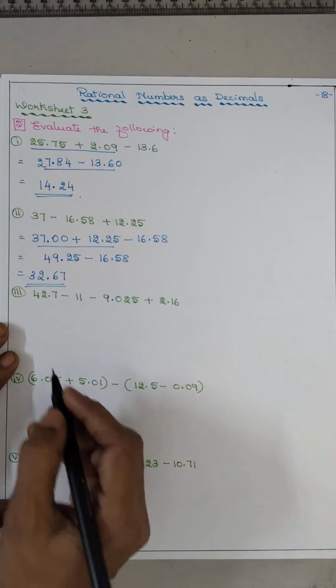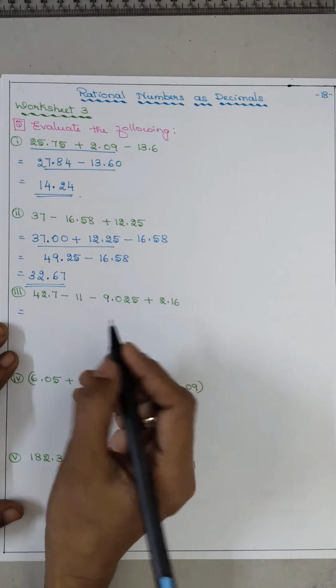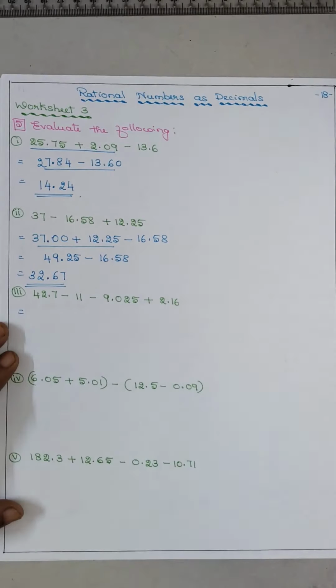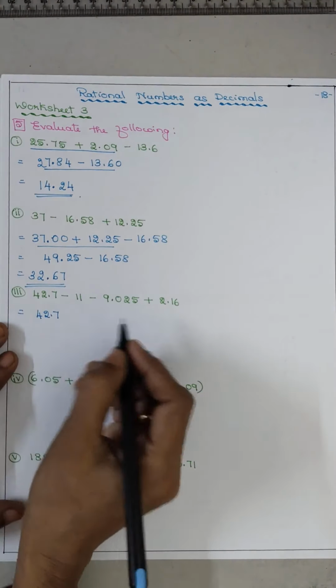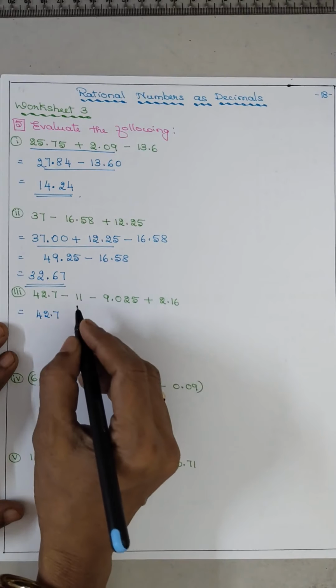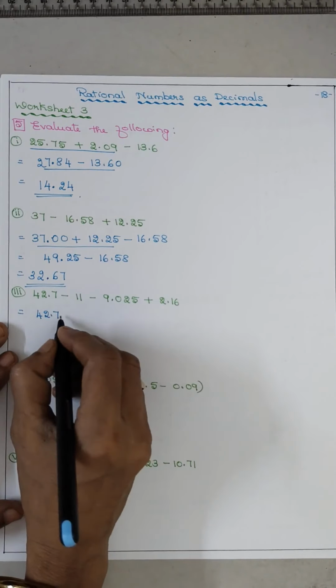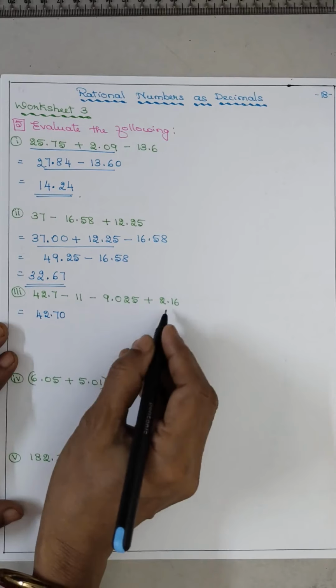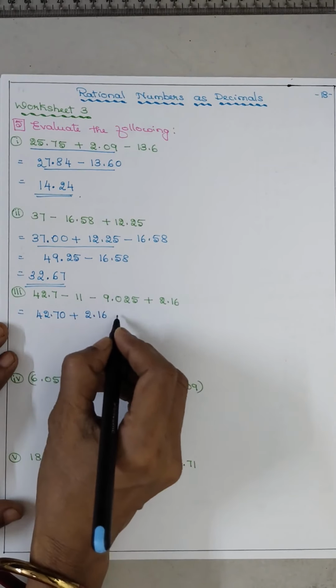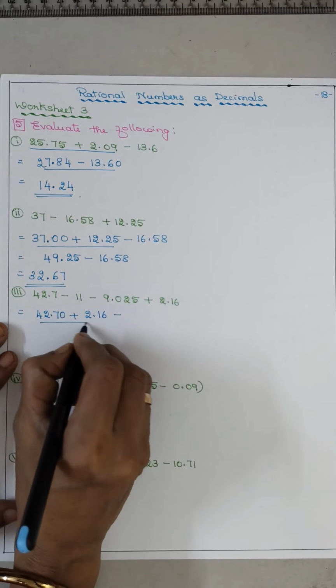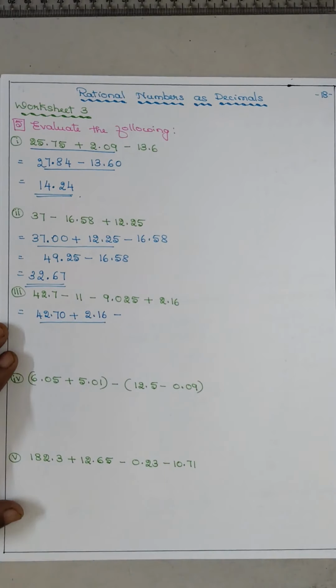Now rearrange, it is 42.7. Bring this first, so it is 1 decimal, so put extra, plus 2.16 minus, so this has to be done first.